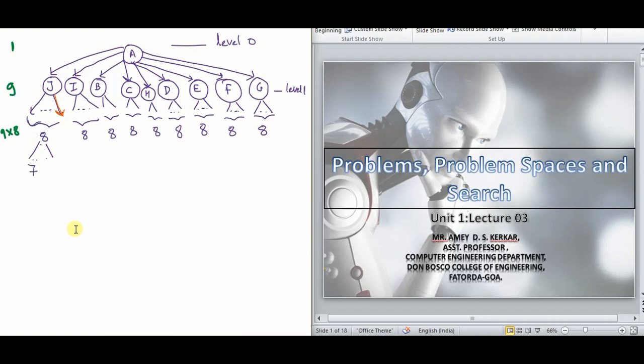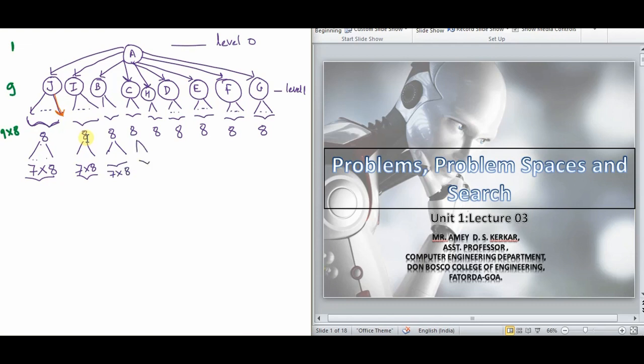So altogether how many possibilities? There are 8 nodes, and each node has 7 possibilities. So 7 into 8 possibilities only for this branch. Correct? Similarly for this, there are 8 nodes, and for each node there are 7 possibilities.